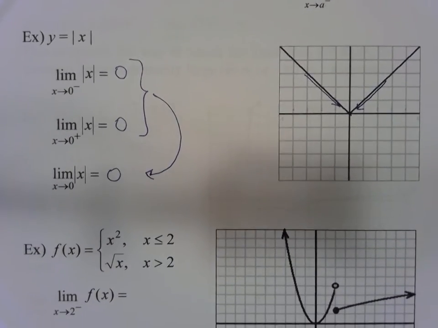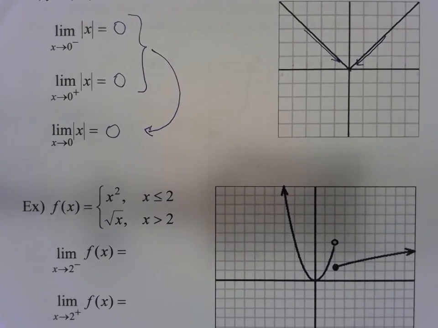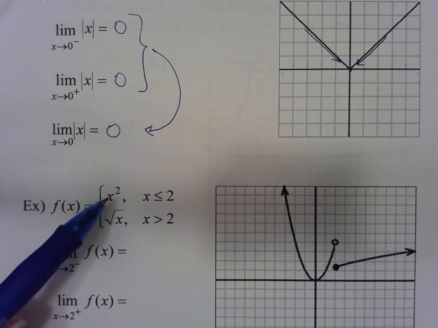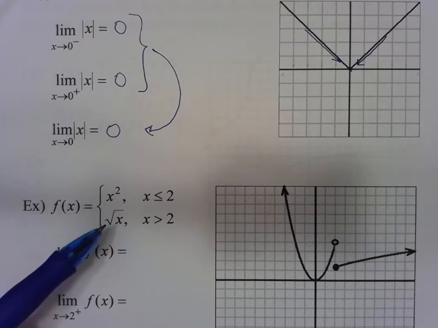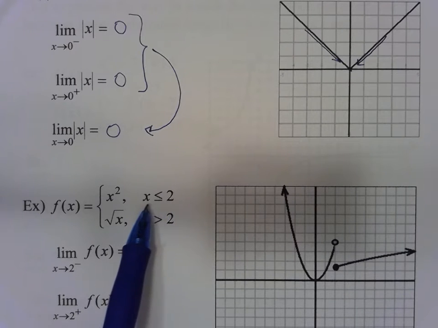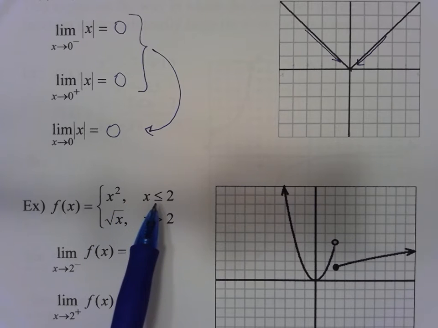Okay, let's try another example. For this one, I've got the piecewise function that we looked at last time. This was the piecewise function where part of it was x squared, like a parabola, and the other part was the square root, and it had this shape. If we want to look at the limit of this function as x approaches 2 from the left, that means values smaller than 2 and getting closer and closer to 2, that's really going to be generated by the first piece, the x squared piece.